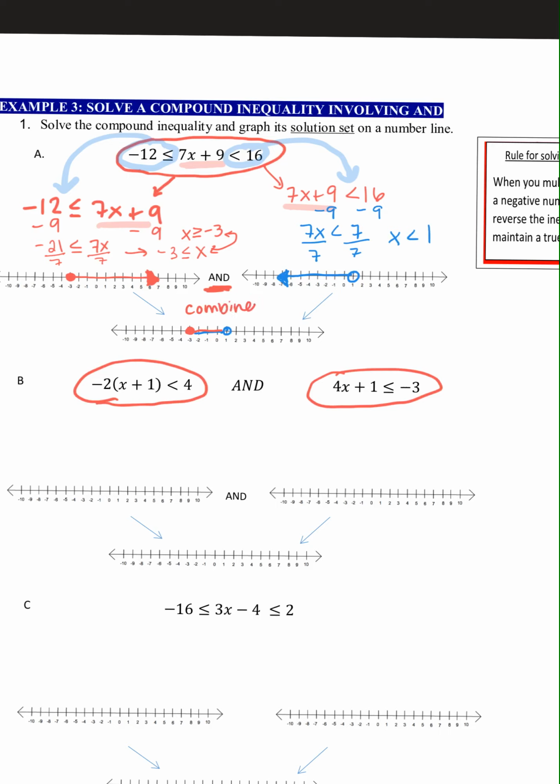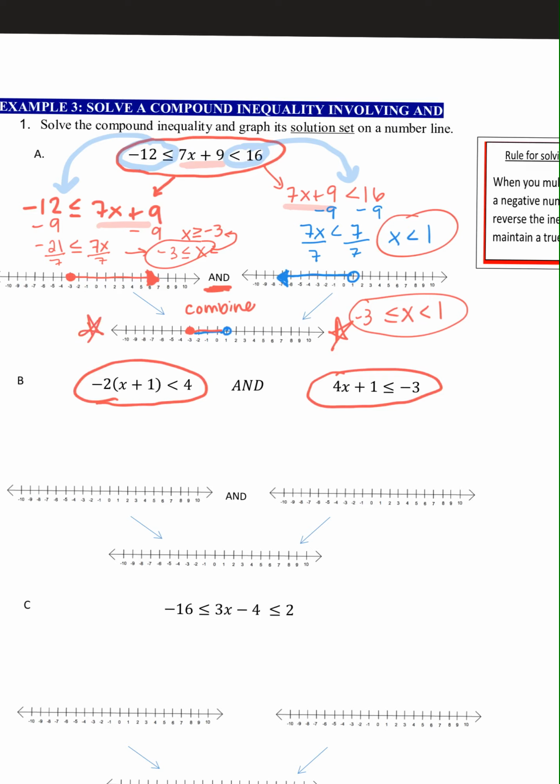And that's all it is. This is your answer right here. You can also write your answer as negative 3 is less than or equal to x, which is also less than 1. This can also be an answer that you write as well. But this is your graph.